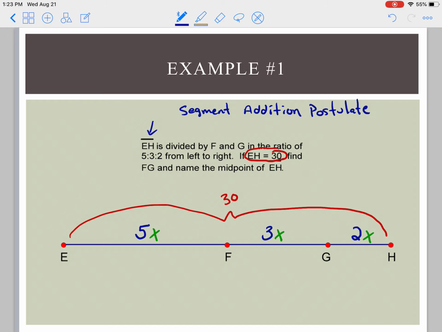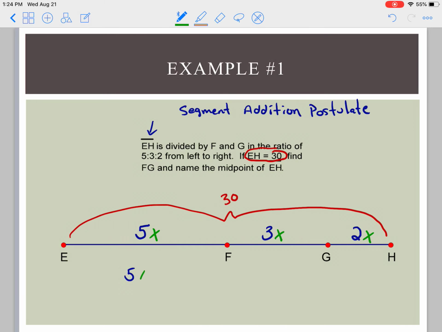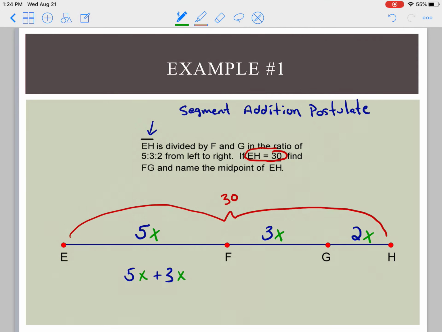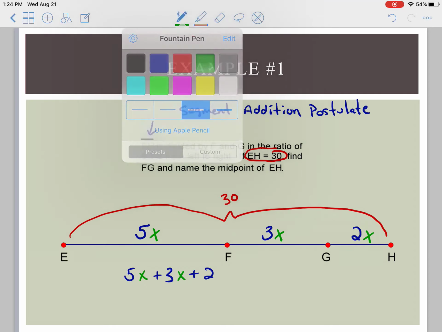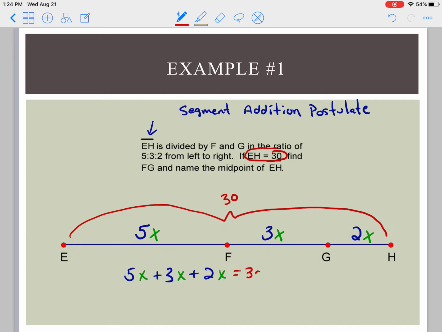Remind yourself. But the segment addition postulate says that if I take the parts of a segment, add them together, it's going to equal the whole. And so in this case, my parts are 5x plus 3x plus 2x, and the whole we've already been given is 30.